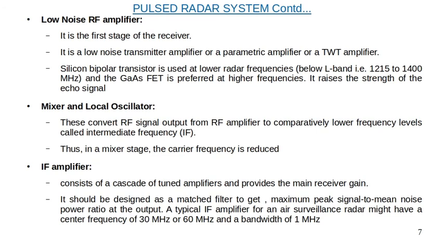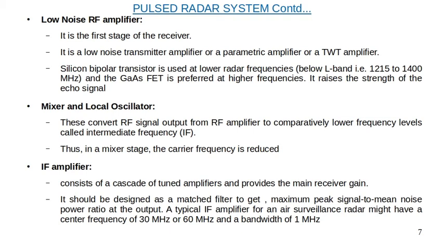It is a low noise transistor amplifier or a parametric amplifier or a traveling wave tube amplifier. Silicon bipolar transistor is used at lower radar frequencies, that is from 1215 to 1400 MHz, and the gallium arsenide FET is preferred at higher frequencies, and it raises the strength of the echo signal.